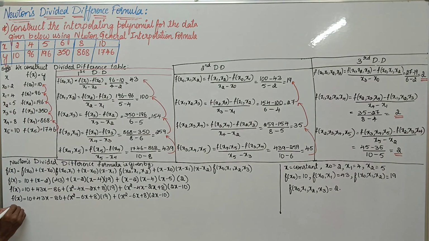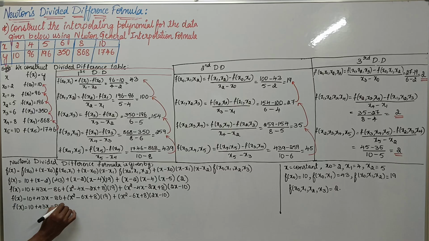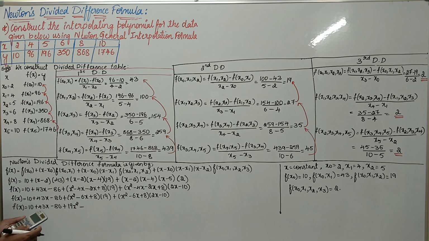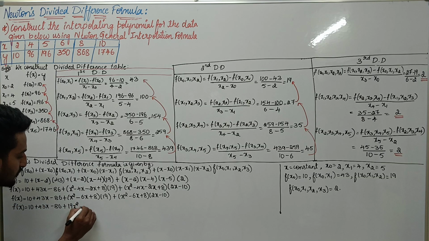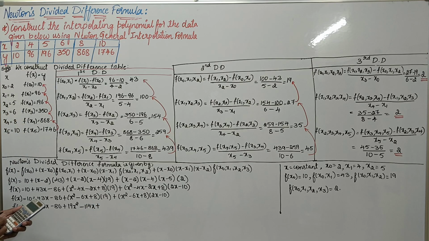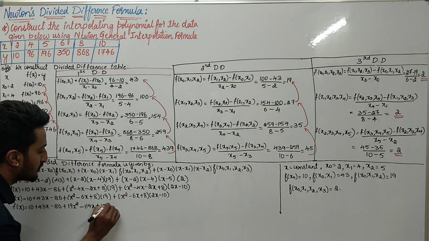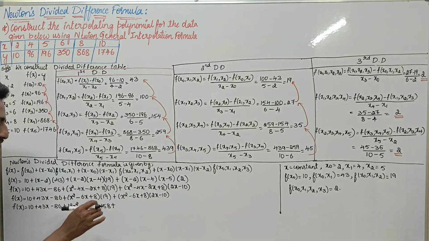Now let us multiply. f of x is equal to 10 plus 43x minus 86 plus, now 19 into x square, you get 19x square, minus 6 into 19, you get 114x, plus 19 into 8, you get 152. Done with this, completed.